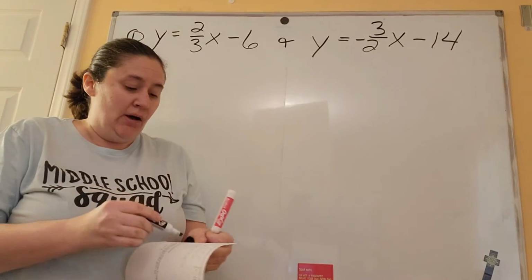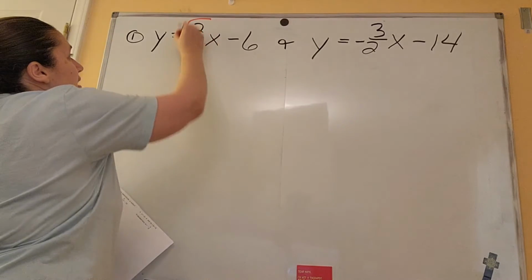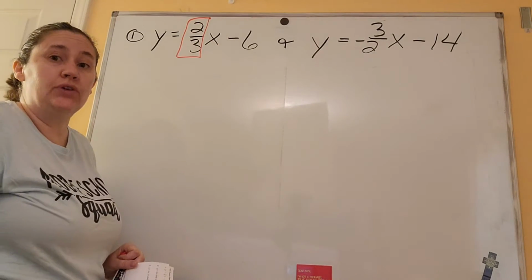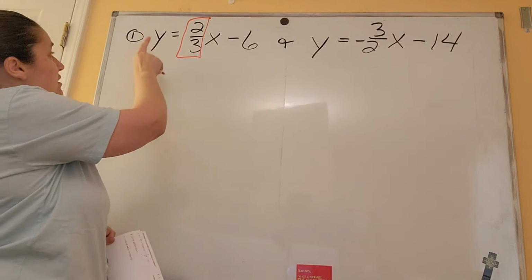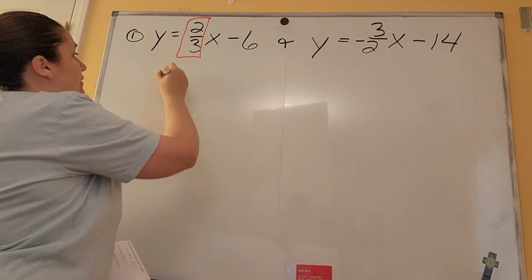To find that out, we have to look at their slopes. The slope of this line is whatever sits in front of x. It's 2/3. Whenever the equation says y equals, the slope is whatever's in front of x.